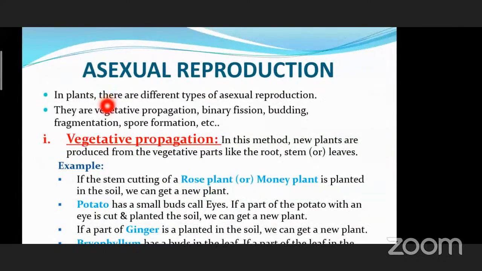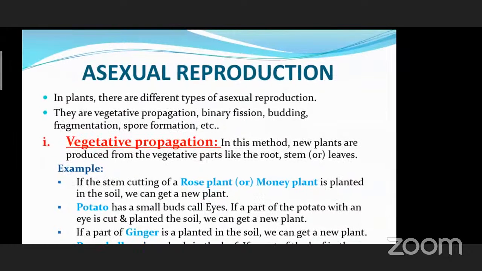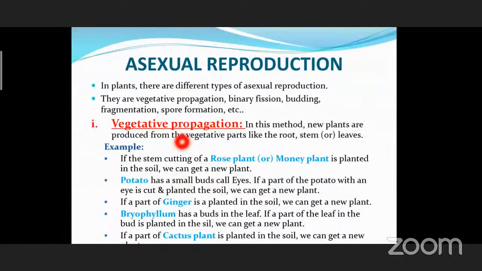In plants, there are different types of asexual reproduction. They are vegetative propagation, binary fission, budding, fragmentation, and spore formation. So now let us discuss the first one, vegetative propagation. In this method, new plants are produced from the vegetative parts like root, stem, or leaves.